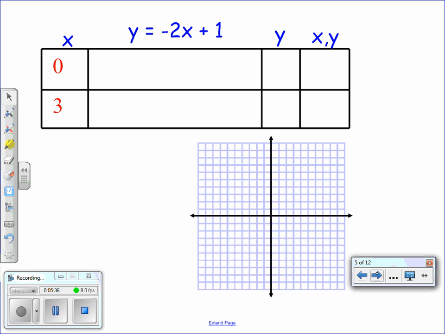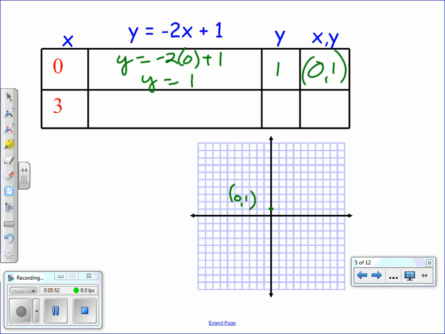Okay, let's try this last equation quickly. y equals negative 2 times 0 plus 1, so y equals 1. Again, our y-intercept is (0, 1), right here. Now x is 3: y equals negative 2 times 3 plus 1. Negative 2 times 3 is negative 6, so y equals negative 6 plus 1.